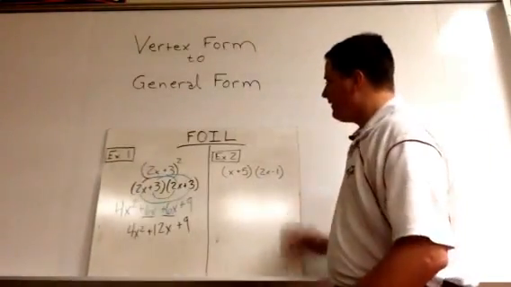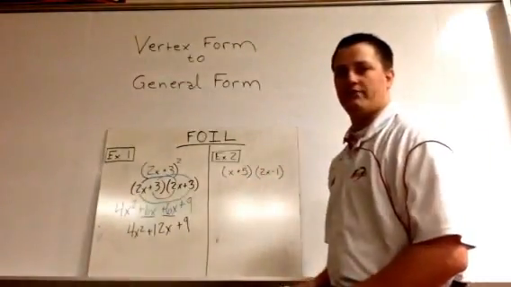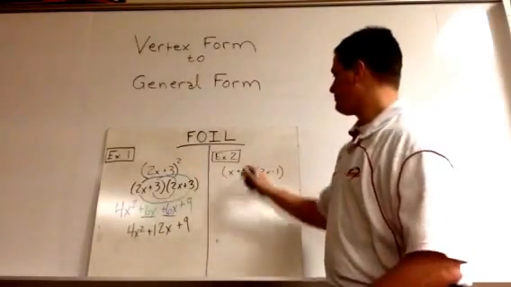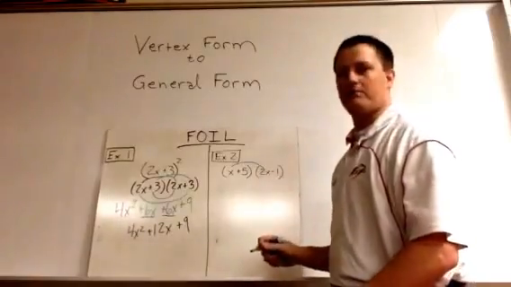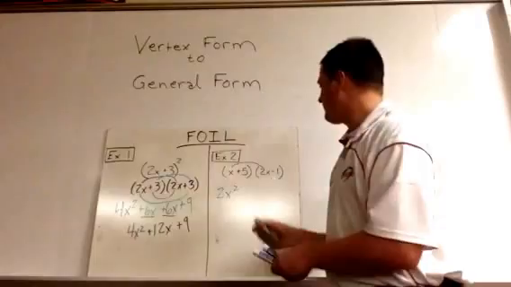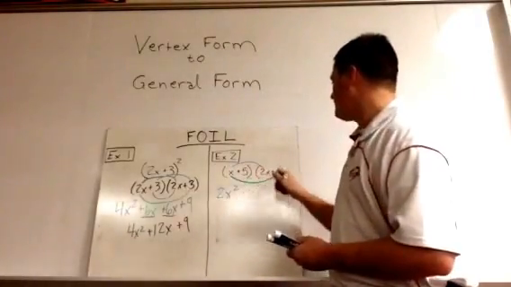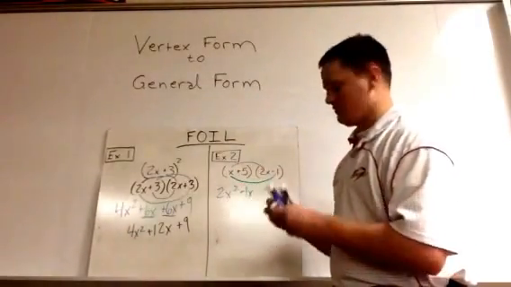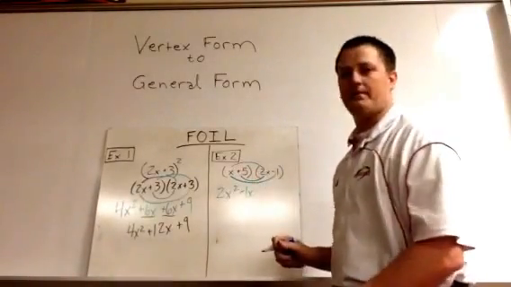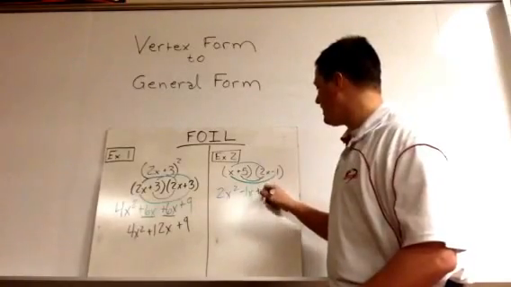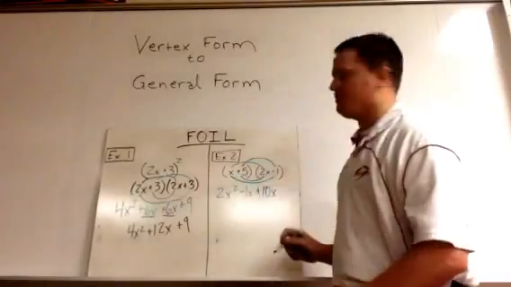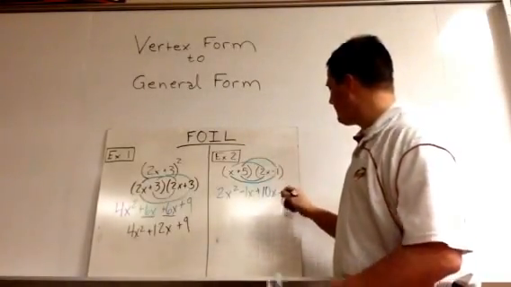Okay? Nice thing is, with it in this form, we can go straight into first, outside, inside, last. x times 2x, 2x squared, x times negative 1, negative 1x, positive 5 times 2x, positive 10x, and positive 5 times negative 1 gives us negative 5.